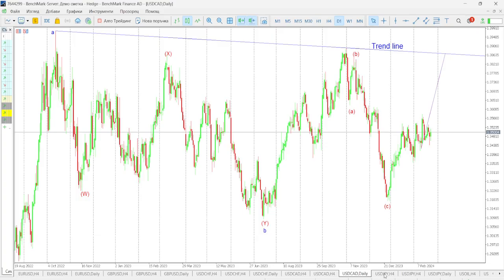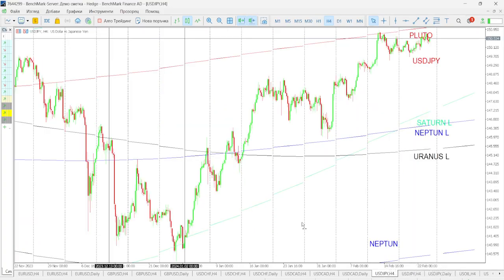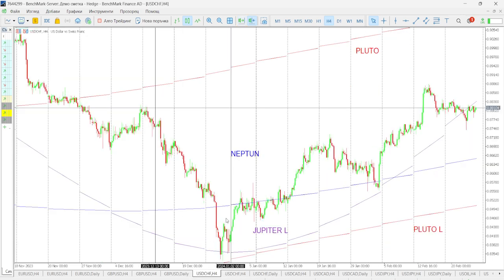Okay, next instrument, dollar yen. The trend started here according to Elliott, according to planetary lines. We have a confirmation here from dollar Swiss franc, as I have already mentioned.